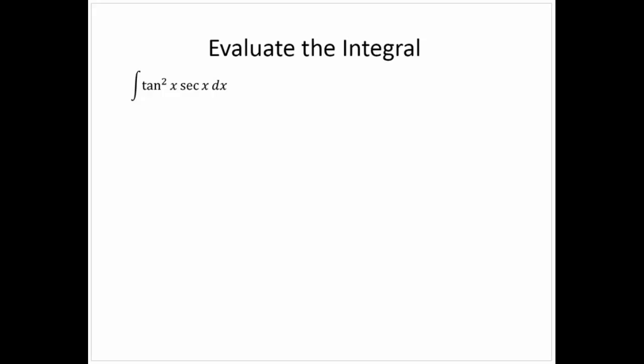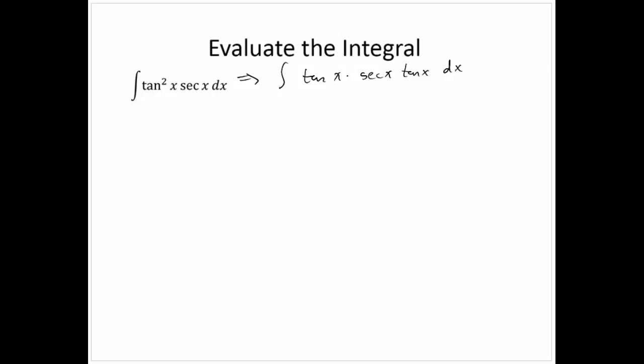All right, so what I'm going to do first is rewrite this integral as the integral of tangent x times secant x tangent x dx. And when I look at it like this, it looks like I could use integration by parts here. And that's what I'm going to do.